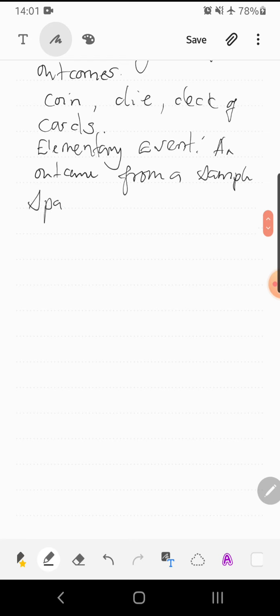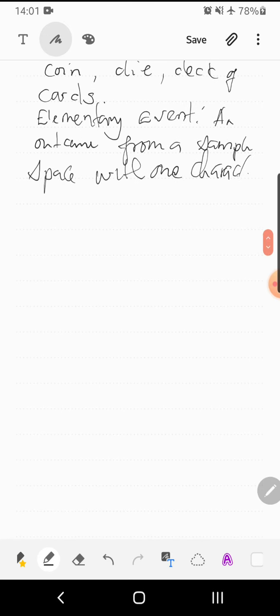An example is drawing an ace from a deck of cards. Drawing an ace from a deck of cards is an elementary event because it is a possibility with one outcome, with one characteristic. And if we say drawing a card that is black, that is also an elementary event because it's an outcome with just one characteristic.